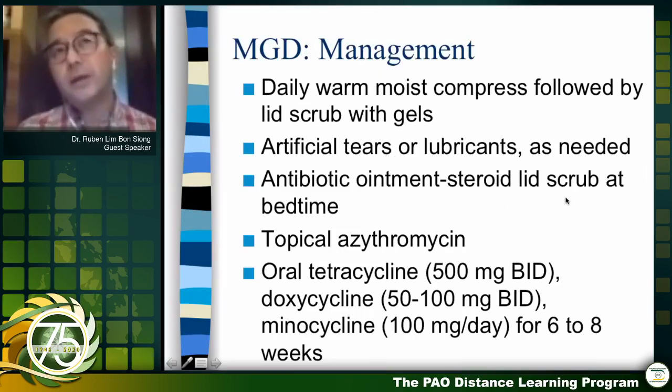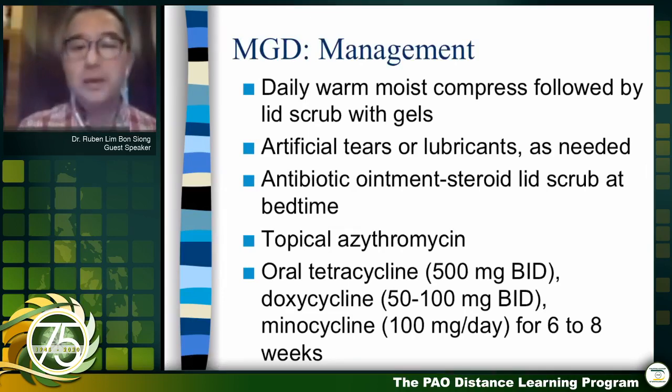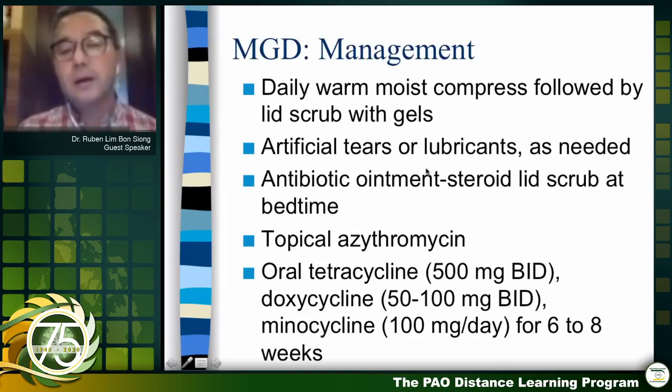Then if you see very prominent telangiectasias, maybe it's a good idea to give an antibiotic steroid ointment combination as a lid scrub at bedtime. Okay, we don't give topical azithromycin anymore. It was not available.